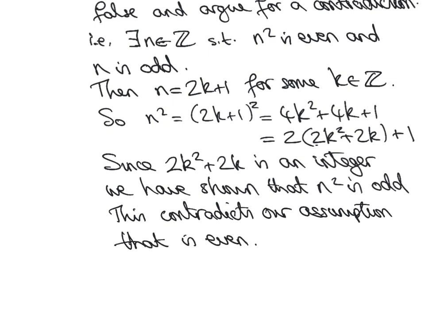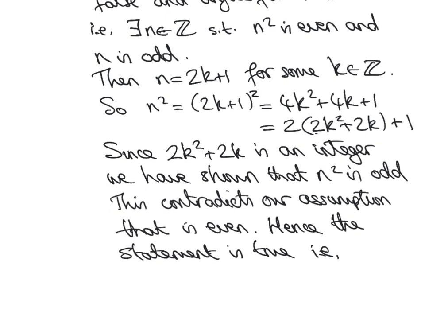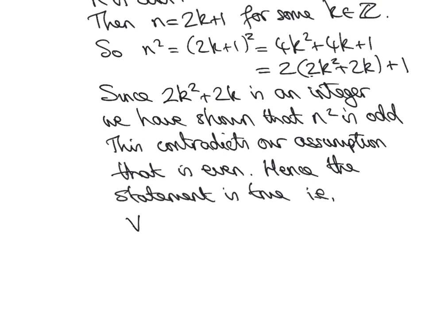So remember, an integer can't be even and odd. So hence, using proof by contradiction, the original statement must be true. So just spelling that out again, that means that for all n in Z, n squared is even implies n is even. And that's the end of the proof.